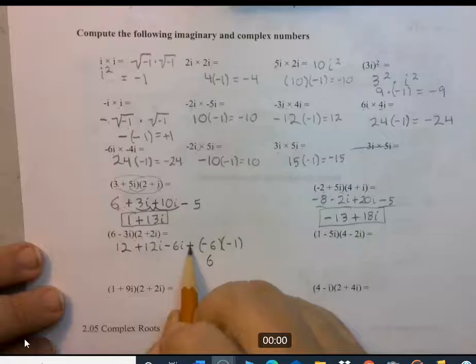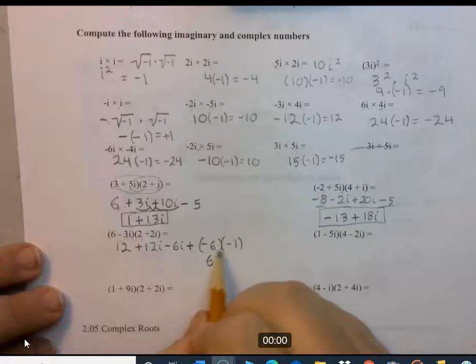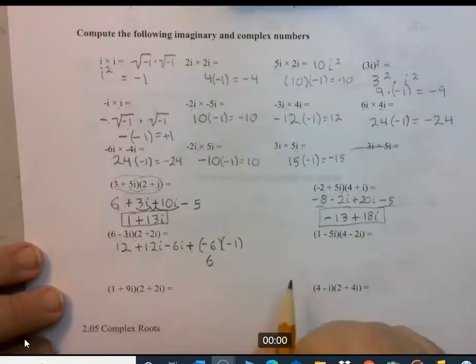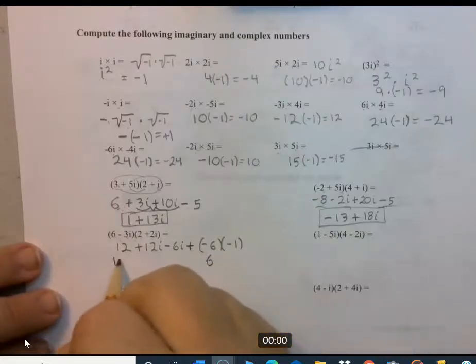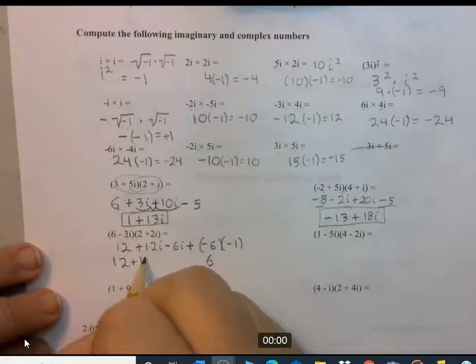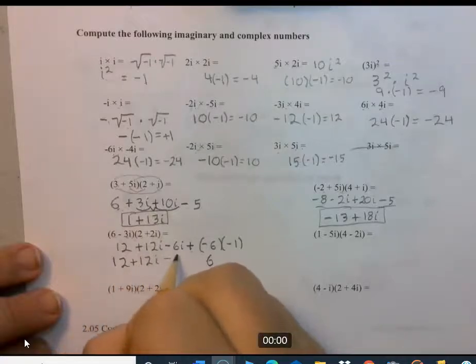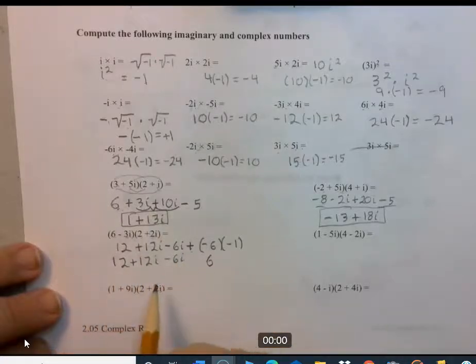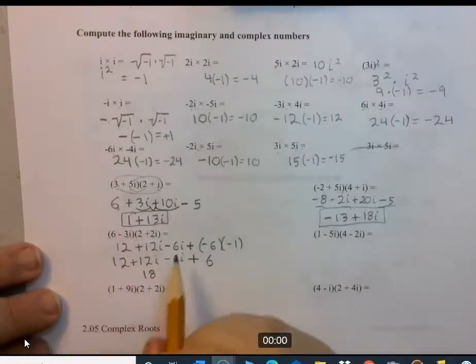So it is, in fact, plus 6. If I'd come out with a negative number there, I would have changed that to a minus sign. So let me go ahead and write everything else down here. And plus 6. So 12 plus 6 is 18. And 12i minus 6i is 6i.